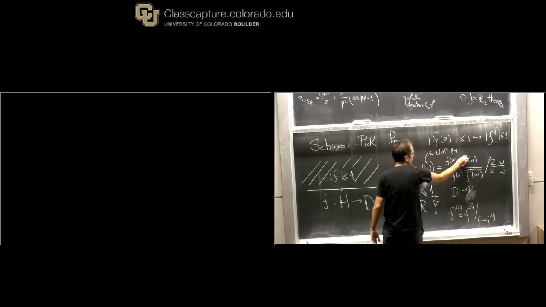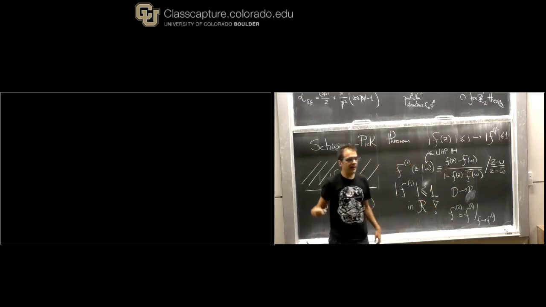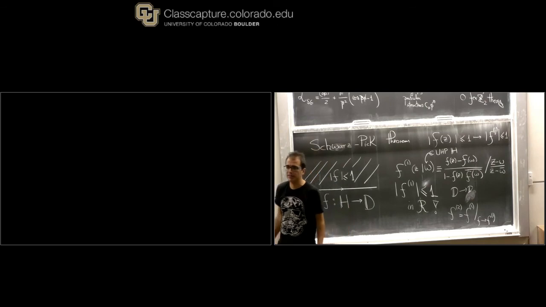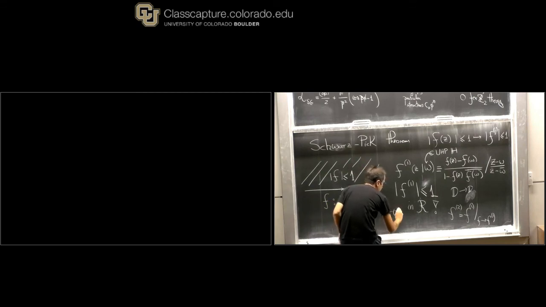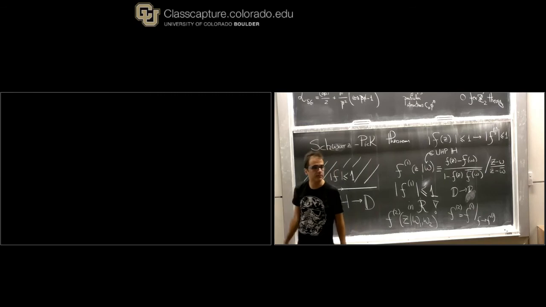Right? I plug f1 in here. And then I construct f3, f4, f5 recursively. So I construct a sequence of functions f1, f2, f3. So f2, for example, let me just emphasize, is a function of z and of two complex parameters, w1 and w2. The one I use to construct f1 and then the one I use to construct f2.